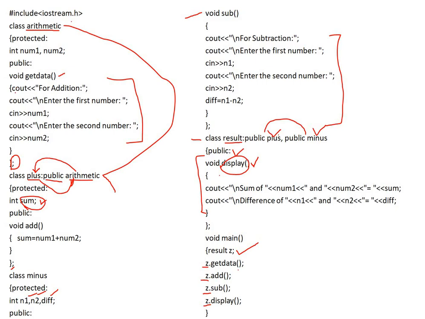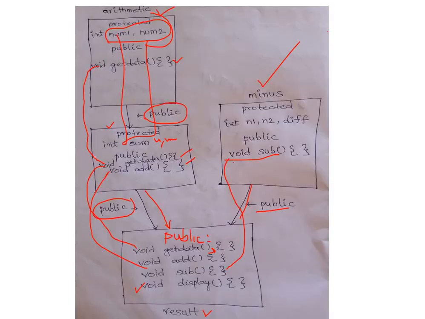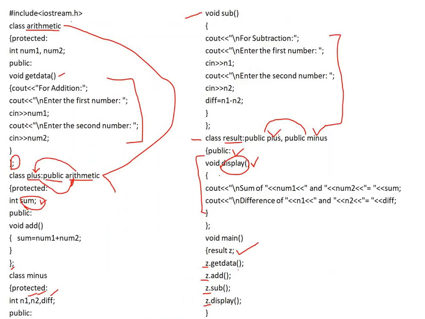Here we have the first statement, cout for addition. So the cout object displays the for addition string on the output device. Yes, so the for addition gets executed. Next statement, cout enter the first number.